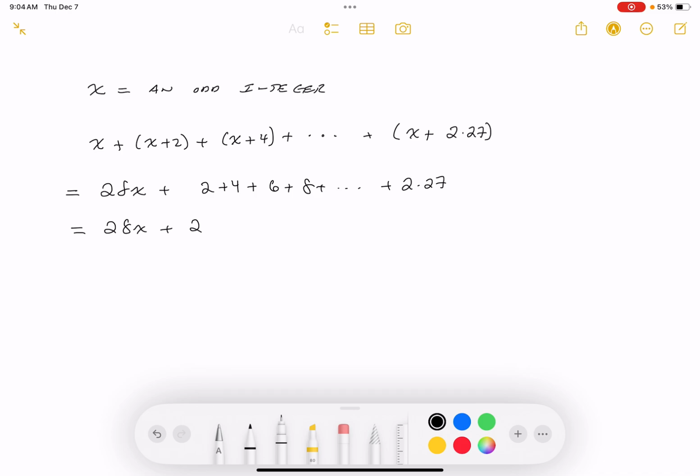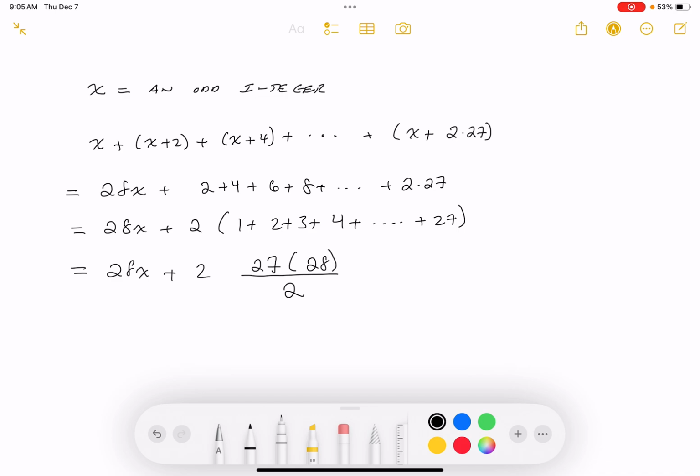That's going to be 2 times 1 plus 2 plus 3 plus 4 up to 27. I know how to sum the integers from 1 to n, and that's a formula you should be aware of. It's n, which is 27, times n plus 1, which is 28, over 2.